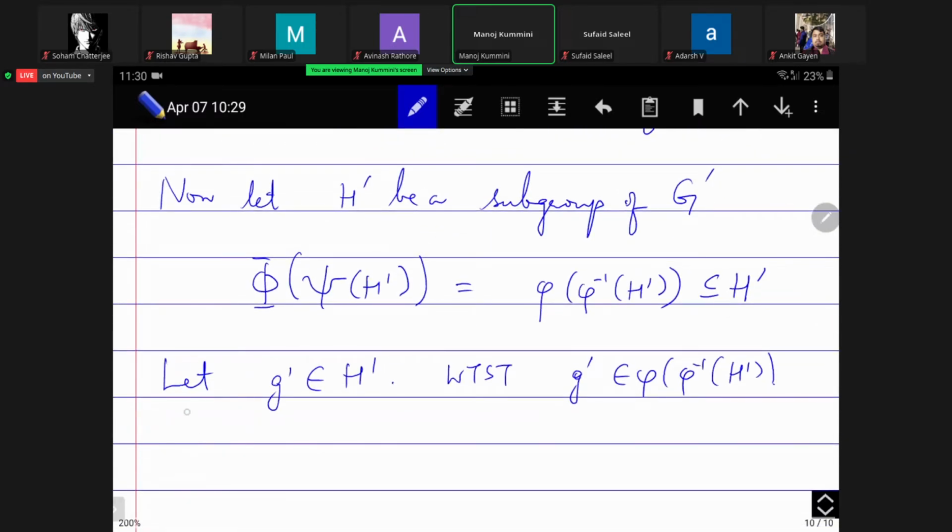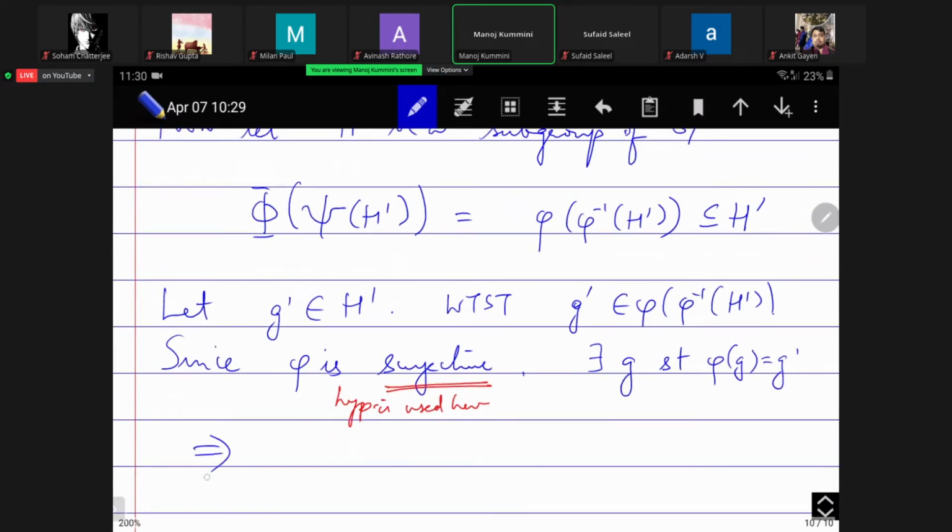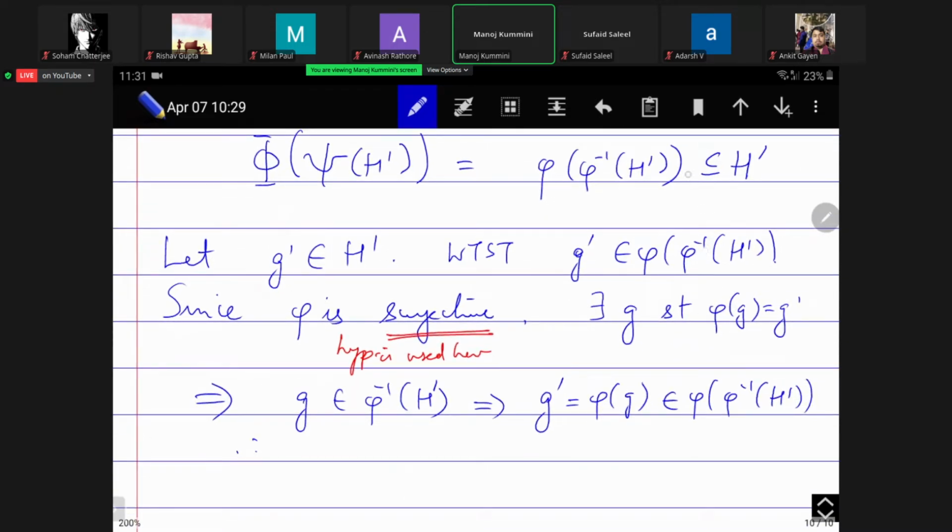But since phi is surjective, and again, this is where the hypothesis is used, there exists g such that phi of g equals g prime, which implies that g is inside phi inverse of H prime. g prime is inside H prime, which implies that g prime, which is phi of g, is inside phi of phi inverse of H prime. So therefore, equality holds here.